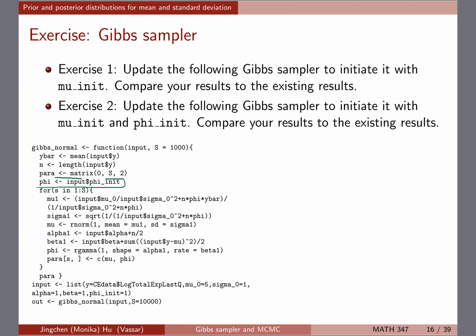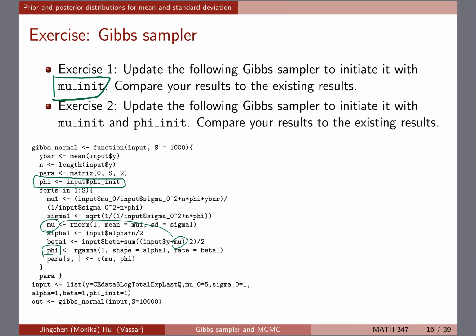That's why you draw mu first, and then use the mu that you just drew to get phi. Now I'm asking you, since we stopped here last time, I hope you spent some time thinking about this over the weekend, but if you haven't, now is the time to edit the code so that you are able to initialize the Gibbs sampler using mu_init.